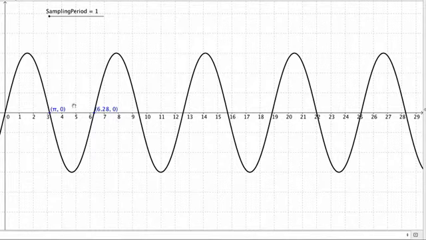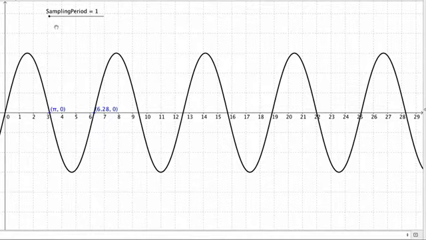So here's our wave with a period of 2 pi, and with the slider here I can sample at different rates. When we talk about sampling, we are talking about how often we record the value.